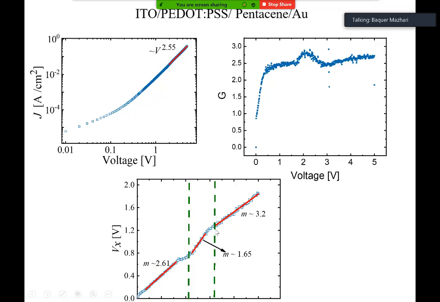But then there's another region, again with a higher slope, 3.2. So perhaps there's another trap located beyond this particular region, and so we see a higher slope here. All of these insights, you'll completely miss them from the IV characteristics if you simply stop and look at the log-log plot and start making judgments on the basis of what you see over there. So let me quickly summarize.